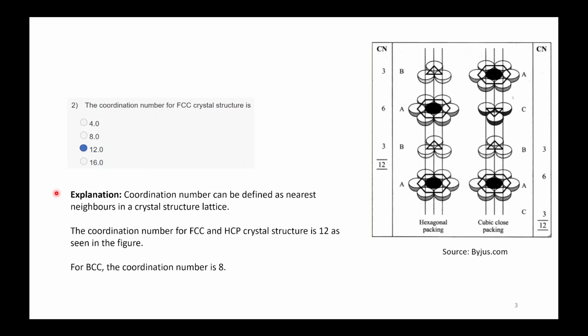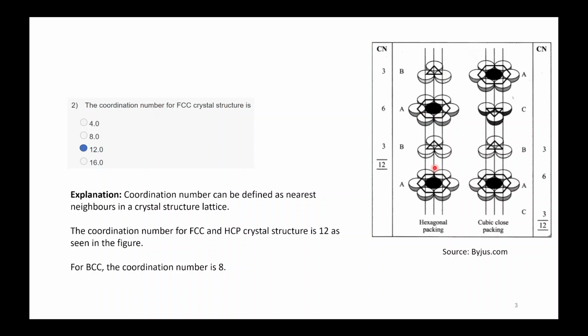FCC and HCP both have a coordination number of 12. Coordination number is defined as the number of nearest neighbors in the crystal lattice. For example, along this particular direction, this atom is surrounded by 6 neighbors, and these 3 atoms and these 3 atoms are at a similar distance.